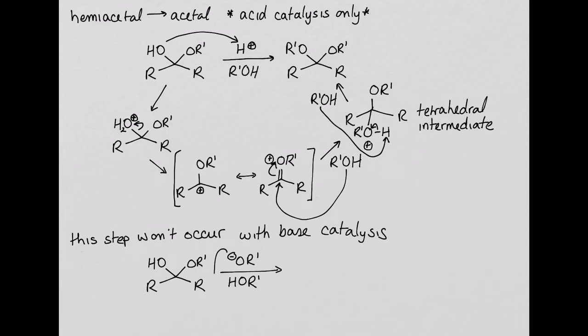However, if the base attacks this carbon, kicking off this leaving group, that would force a hydroxide leaving group, which we know is a bad leaving group. And we know that an SN2 reaction will not occur with a very poor leaving group. Therefore, there will be no reaction if we treat the hemiacetal with strong base.